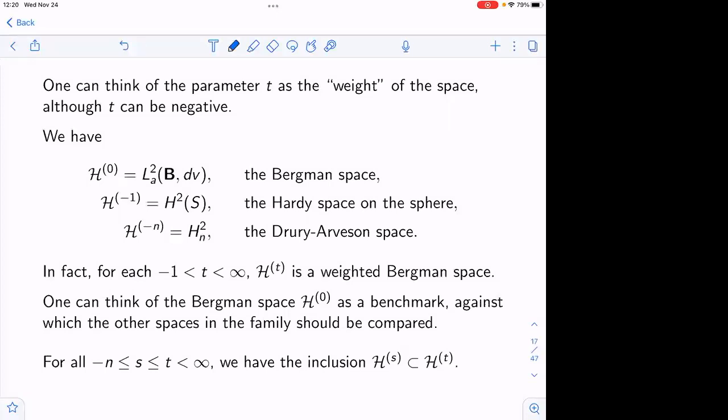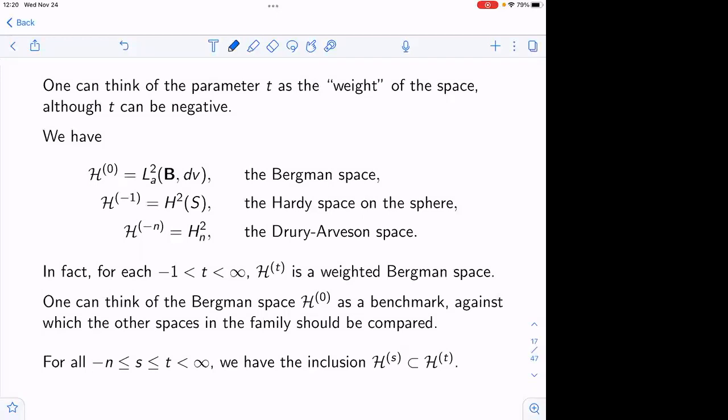That's the 0 point on the scale. H_{-1} is the Hardy space, and H_{-n} is the Drury-Arveson space. In this approach, the more negative the parameter t, the harder it is to do analysis on the corresponding space.